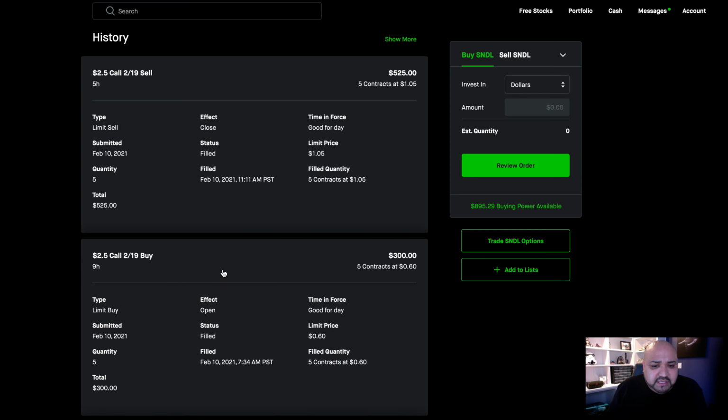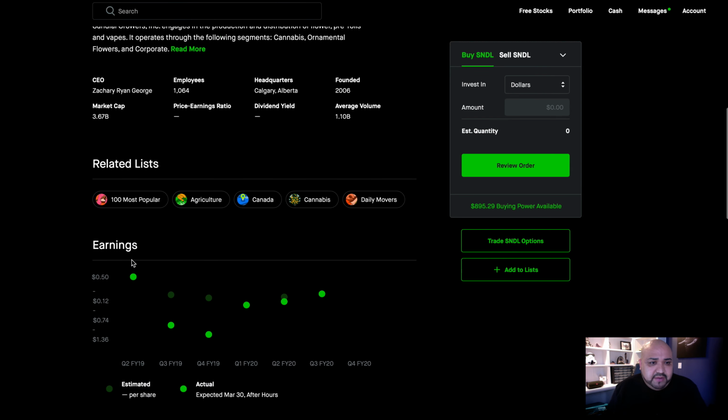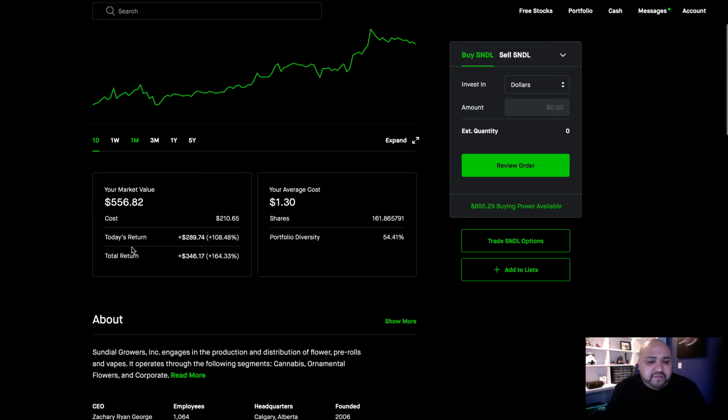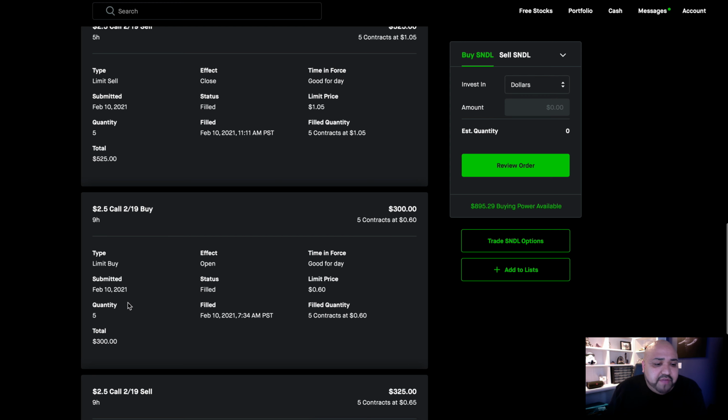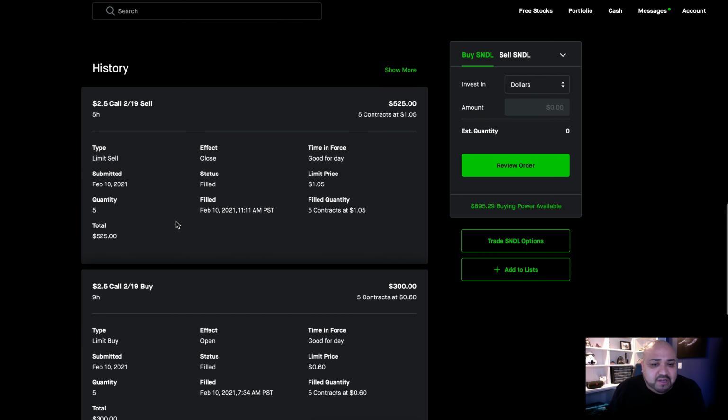I bought this contract earlier today, 9 hours ago, for $300, and I bought 5 contracts at 60 cents. I predicted that this stock was going to hit $2.50 by February 19, right? Which obviously it did. We're already at $3.45. So when I saw that it hit my predicted amount of $2.50, I saw my gains going up.